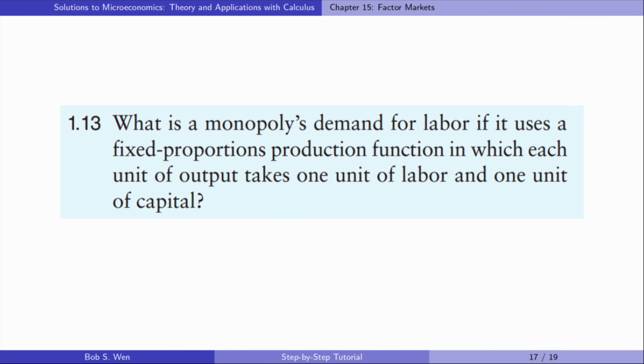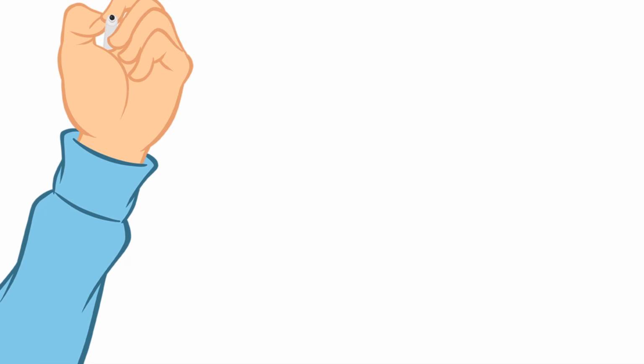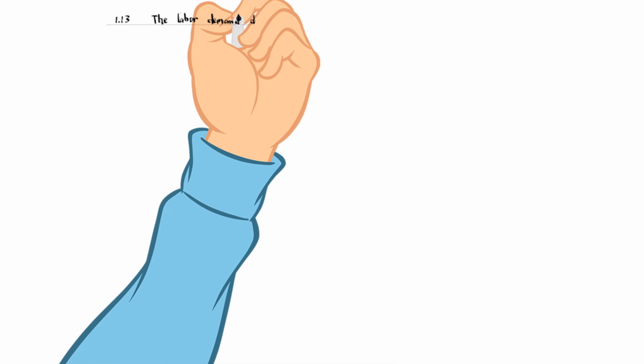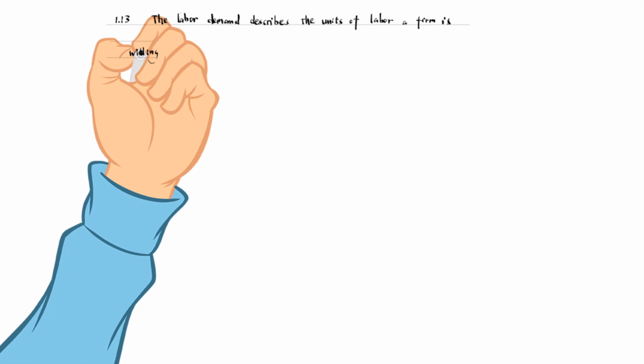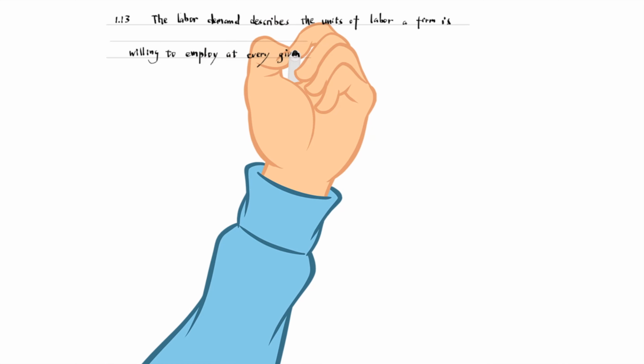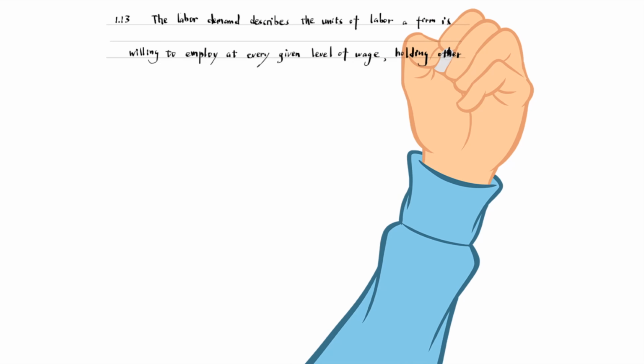Let's go to exercise 1.13. What is a monopoly's demand for labor if it uses a fixed proportions production function in which each unit of output takes 1 unit of labor and 1 unit of capital? The labor demand curve describes the units of labor a firm is willing to employ at every given level of wage, holding other factors constant.